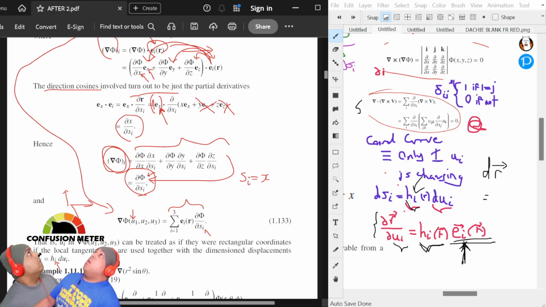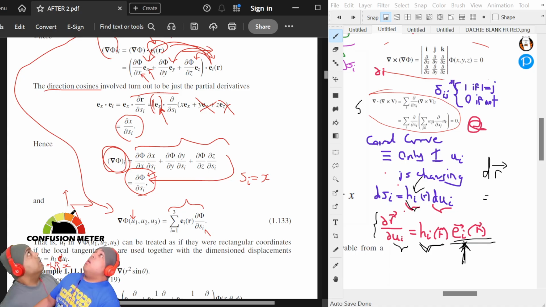So if these were not differentials, if these were just normal quantities, not small pieces, then s_i equals h_i x. But h_i is just the length of the differential, the partial differential.